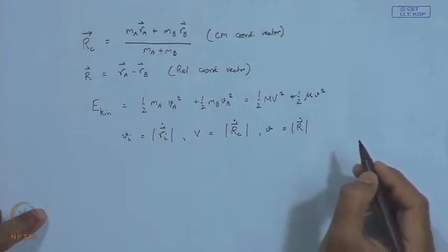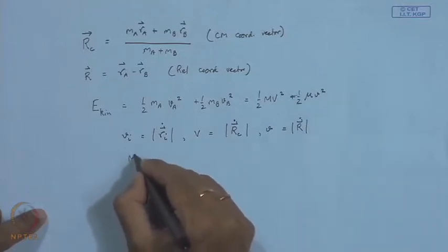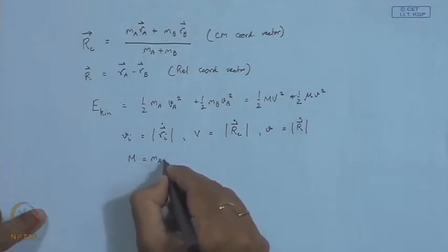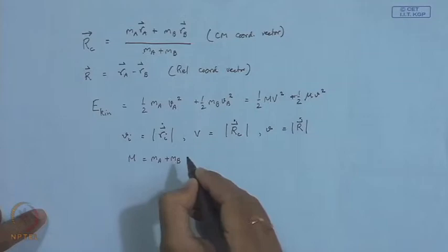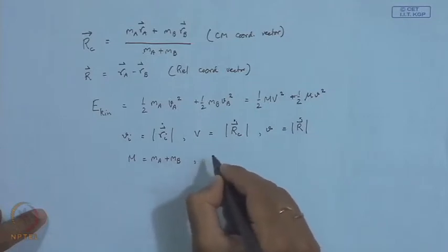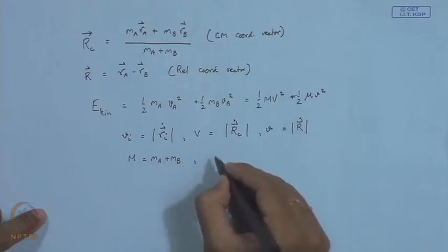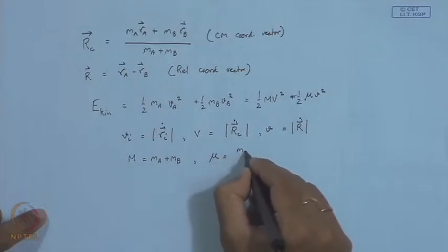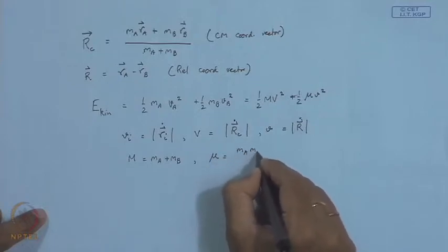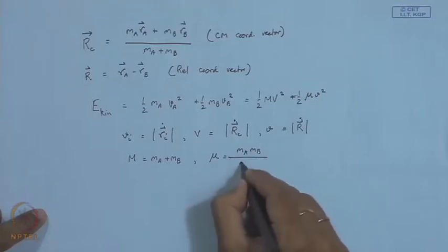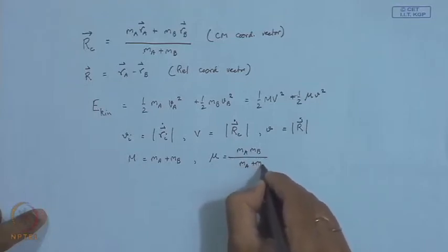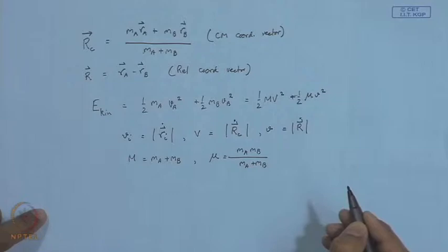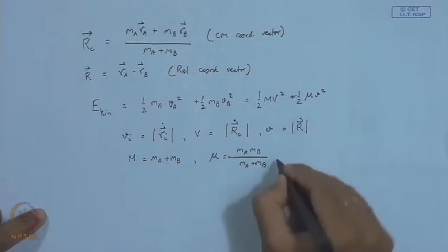This way you can write, and capital M is equal to m_a plus m_b, and the reduced mass mu is equal to m_a m_b divided by m_a plus m_b. Okay. So, this is the reduced mass.